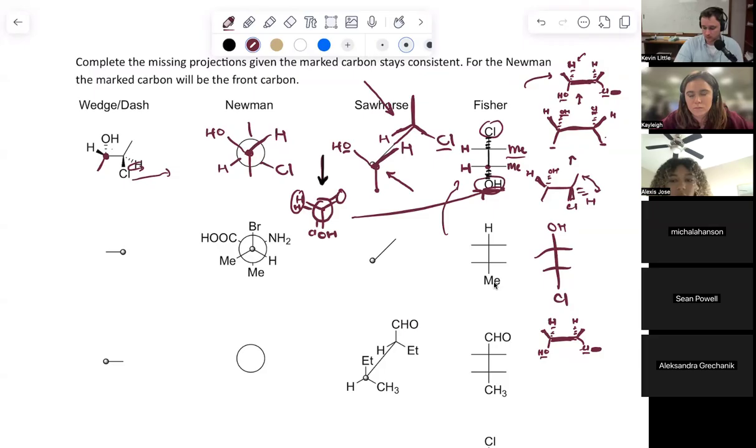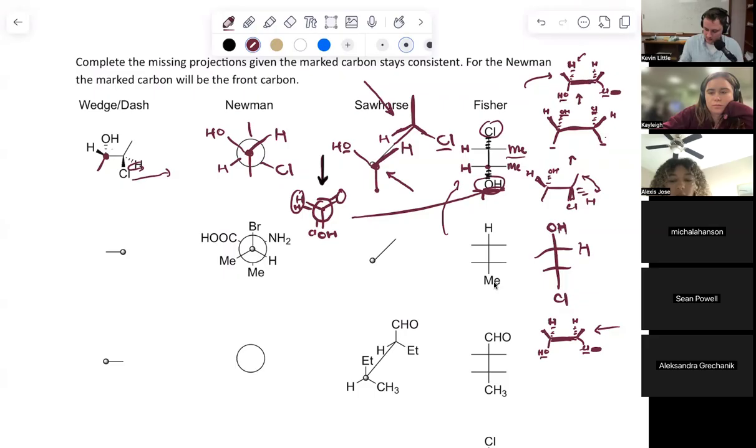So where are the hydrogens? The hydrogen is on the left in this one. Hydrogen's actually on the right in this one. Oh wait, why? Because I have to look at it from this angle. Because the OH is on top.